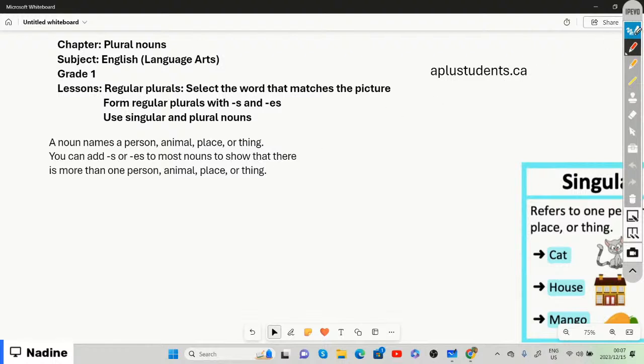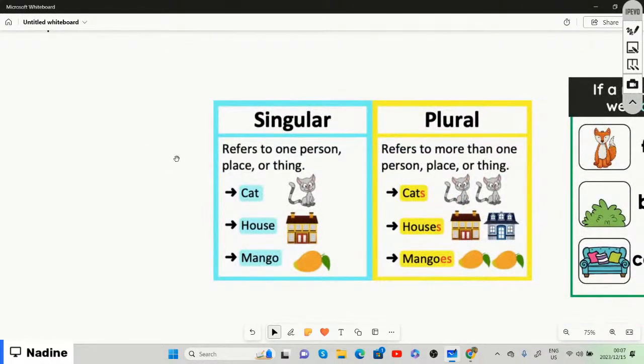Okay, so if we look at a few examples, we see that we have singular as well as plural nouns, right?